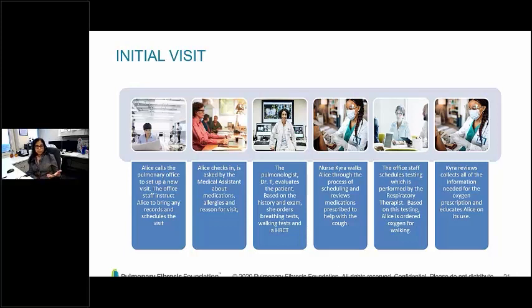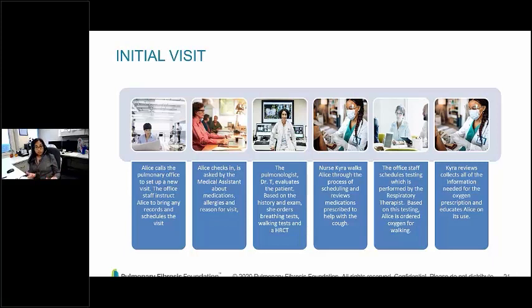Alice checks in with the front desk staff, is roomed by the medical assistant, and put into a room. They walk through why she's coming in, her medications, her allergies, and take vital signs. The pulmonologist, Dr. T, goes in to evaluate the patient based on the history and physical exam. She orders breathing tests, walking tests, and a high-resolution CAT scan.